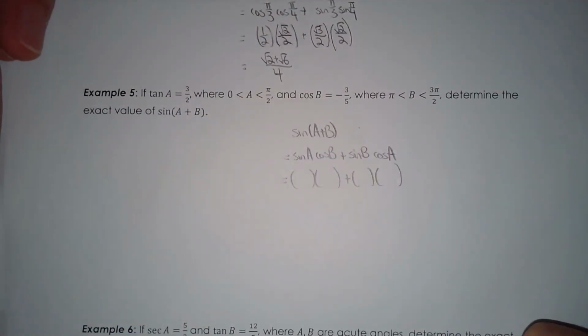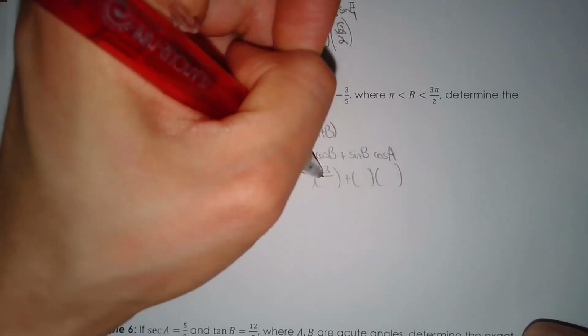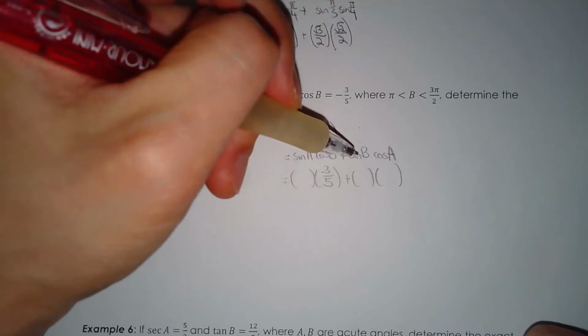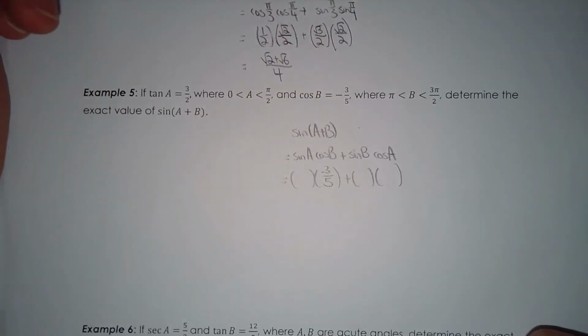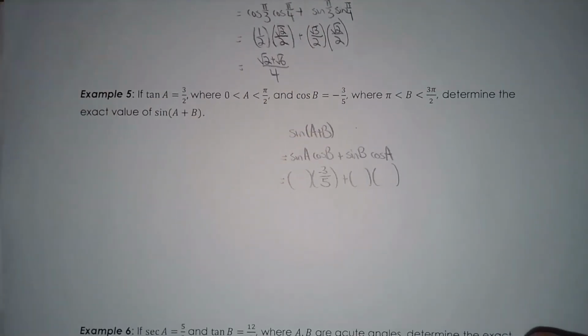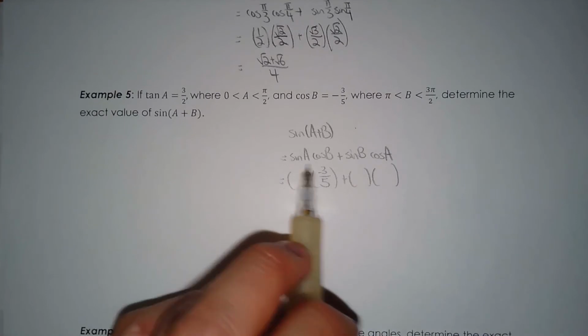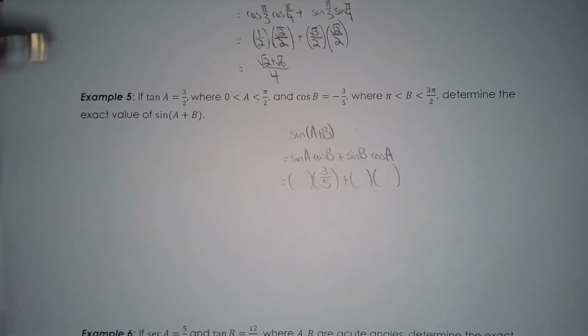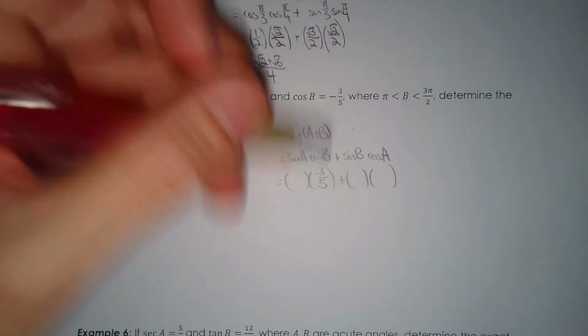So, 4 ratios and then simplify. Of these 4, I have cos B, negative 3 over 5. I don't know what sine A is. I don't know what sine B is. I don't know what cos A is. But the good news is that even though I'm not given sine A, sine B, and cos A, I have sufficient information to find out what those ratios are.